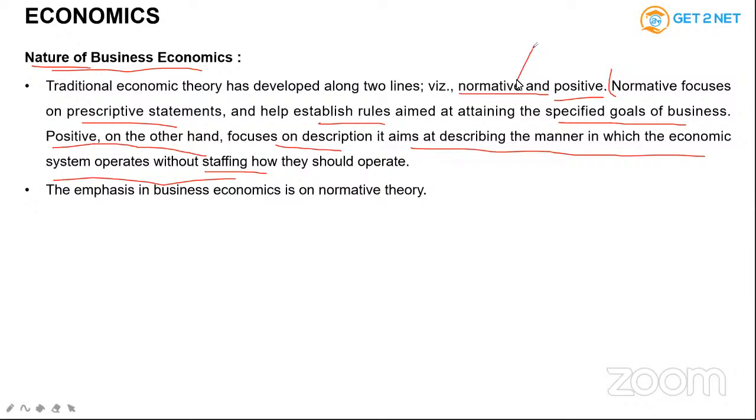And another is positive, where depending upon the situation and the system, the description is done. So in business, we cannot go beyond the concepts and the rules and regulations that are mentioned. So the emphasis in business economics is on normative theory.